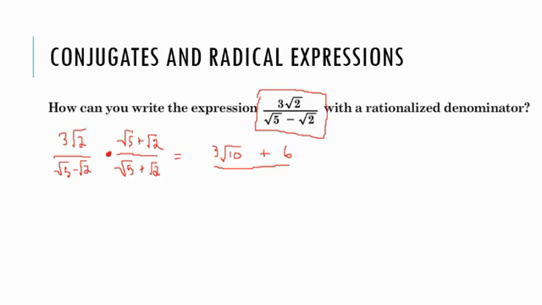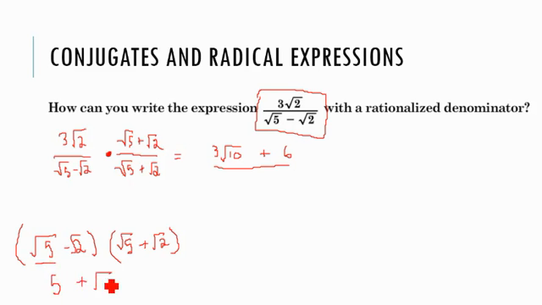Now if I go to the denominator, let's just go to the side here: square root of 5 minus square root of 2 times the square root of 5 plus the square root of 2. Square root of 5 times the square root of 5 is 5. Square root of 5 times the square root of 2 is plus the square root of 10.